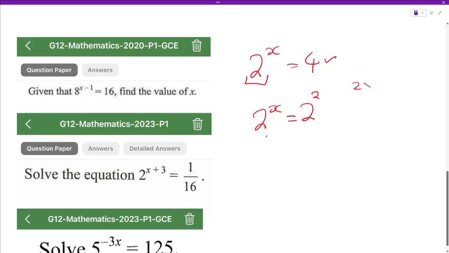When you say 2 times 2, that will give you a 4. Once you have achieved that, it simply means you are done. Once the bases are the same, you now focus on the powers. You equate these powers, meaning your final answer is just x is equal to 2. That's how you solve these exponential equations. Let me give you another example.